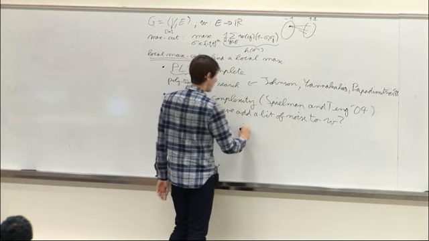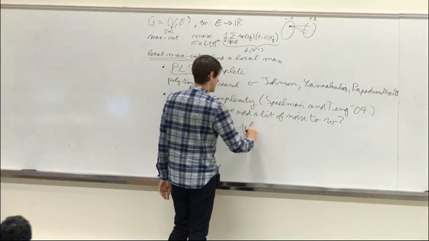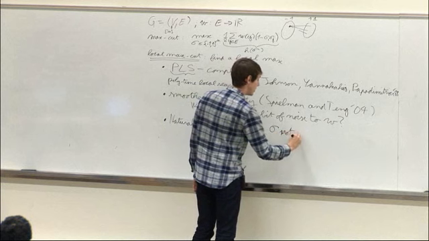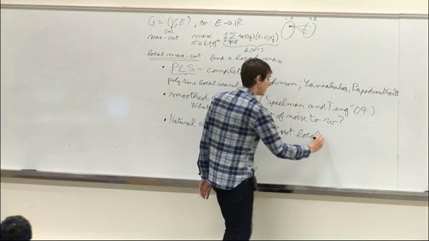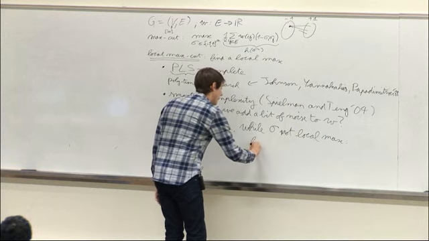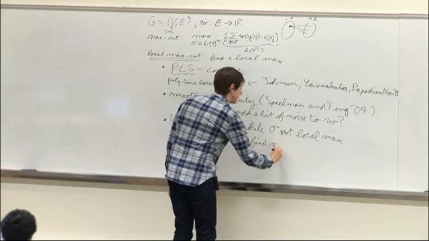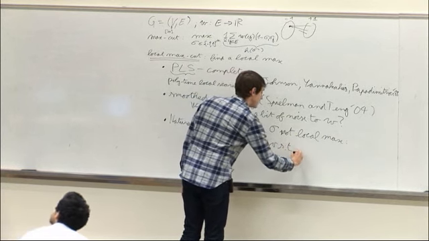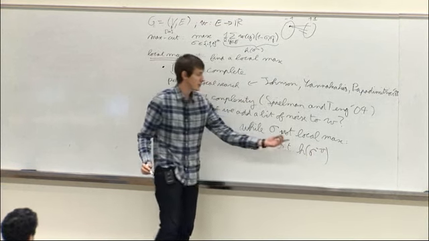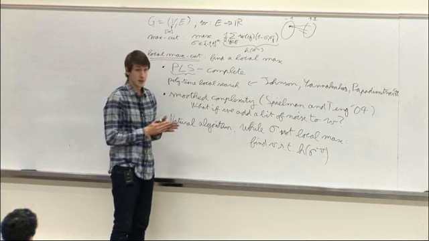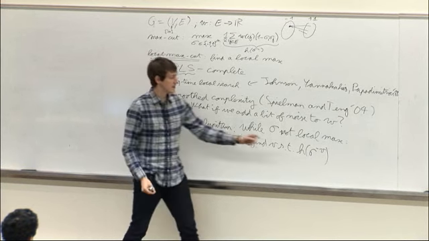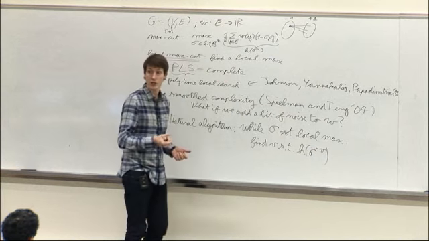So, while sigma is not locally optimal, not a local max, find v such that h of sigma minus v is strictly larger than h of sigma. Sigma minus v, I hope this is clear, is the same as sigma for all vertices except vertex v, and for vertex v we change the sign.